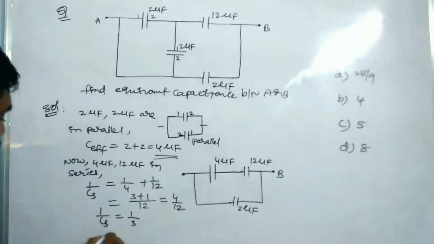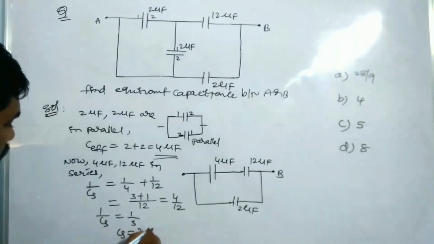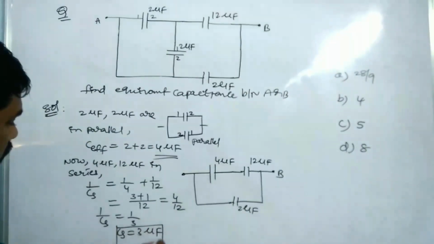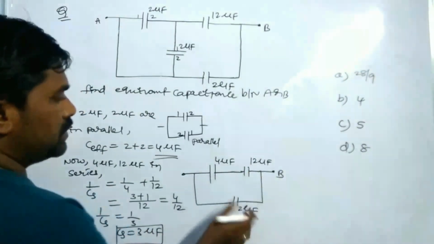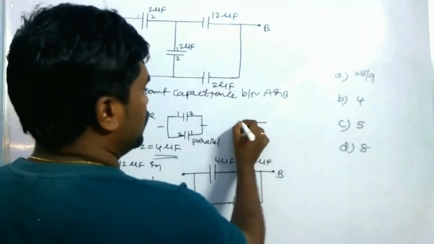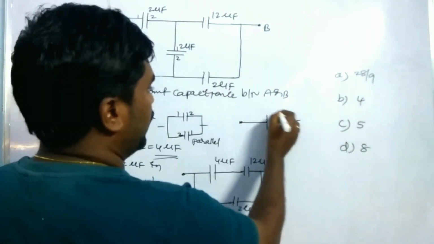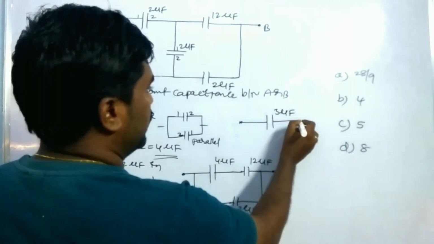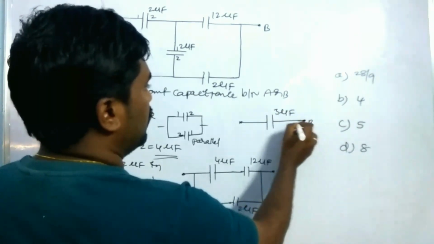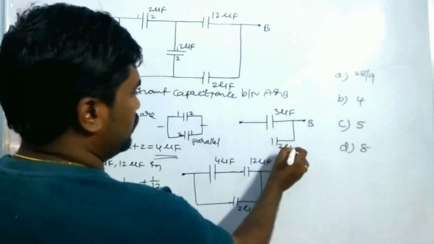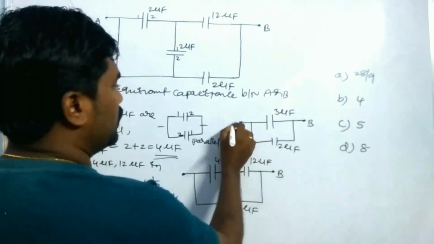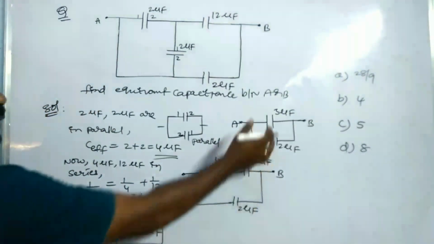So CS is equal to 3 microfarad. Now the diagram is: this is A, there is 3 microfarad, and this is B, and there is 2 microfarad.